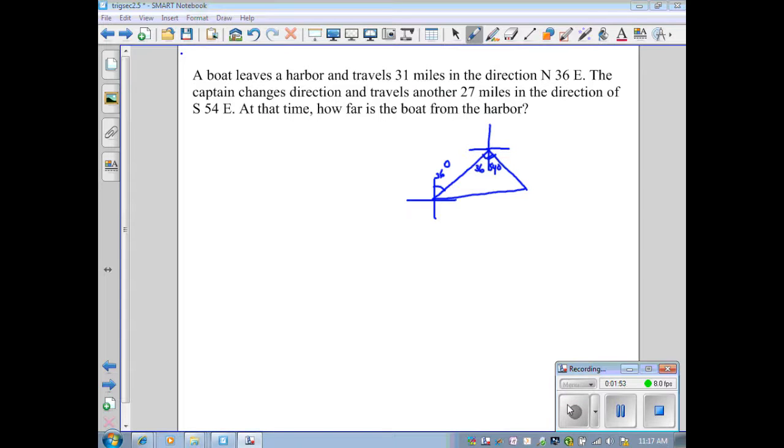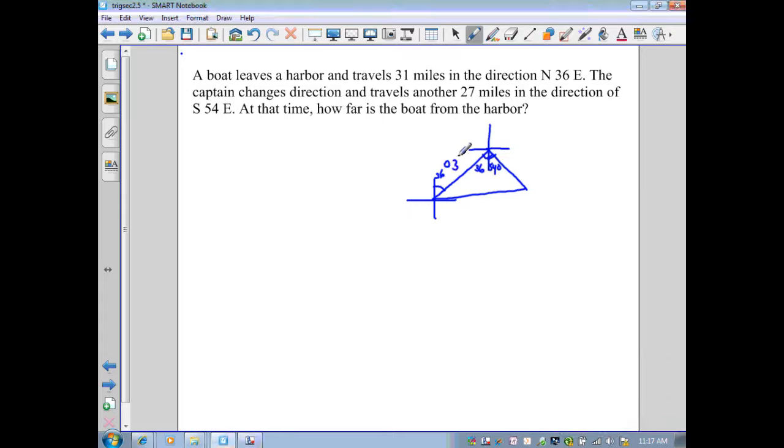Let's take a look back into the problem, and I realize that he travels 31 miles in the direction of north 36 east, so this is 31 miles. I also read that he travels 27 miles south 54 degrees east. I can use the Pythagorean theorem, which is 31 squared plus 27 squared equals my hypotenuse squared.